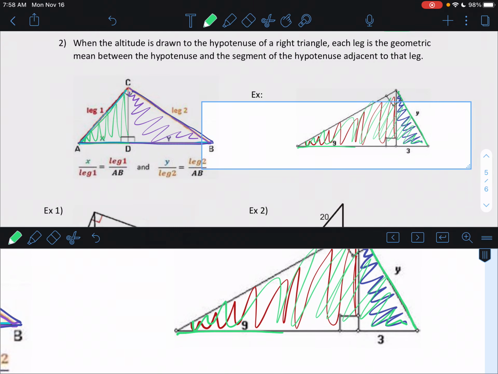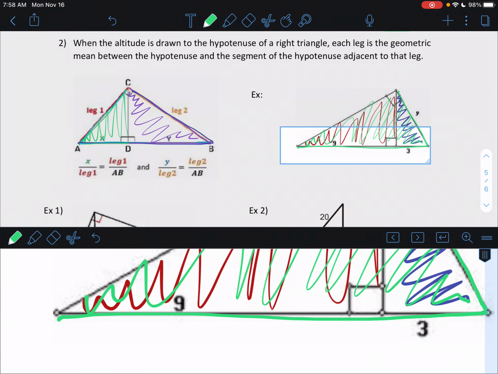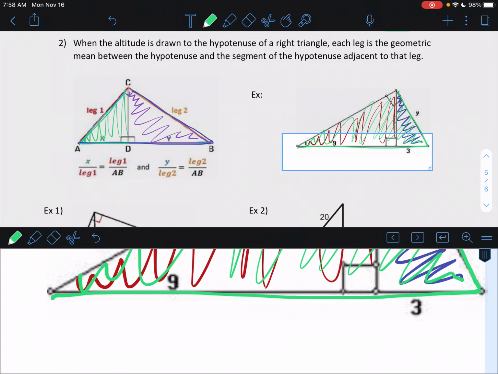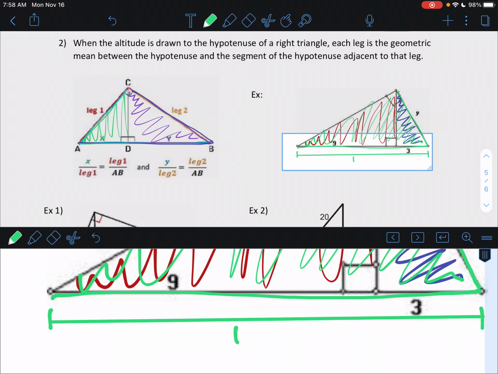But my hypotenuse there is the 9 and the 3. So I have to do 9 plus 3, which is 12. So I will do that. That entire length there is 12. So let's see.